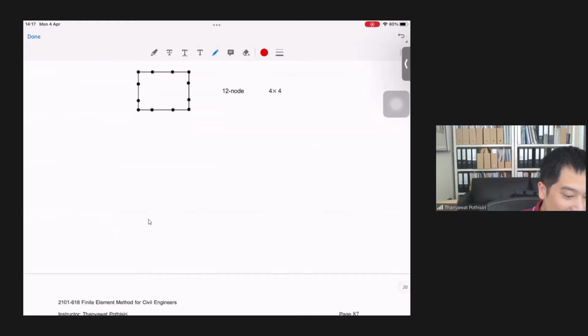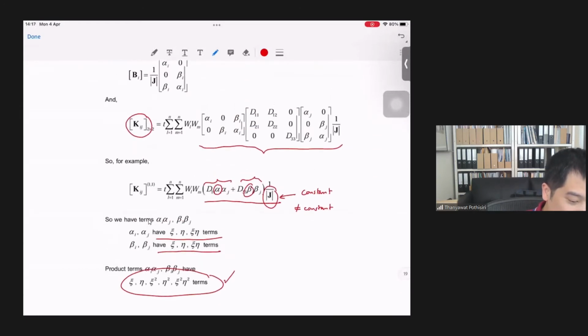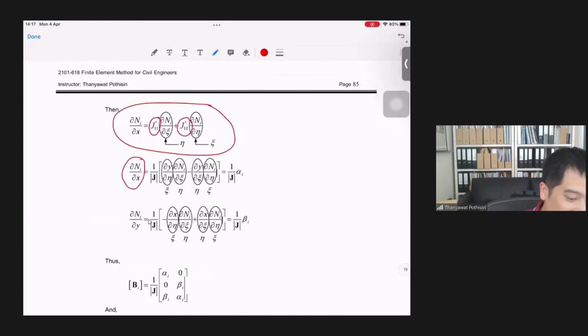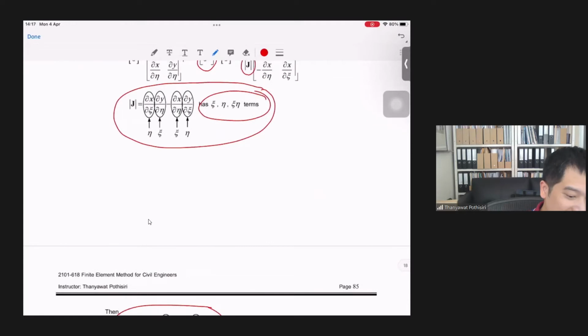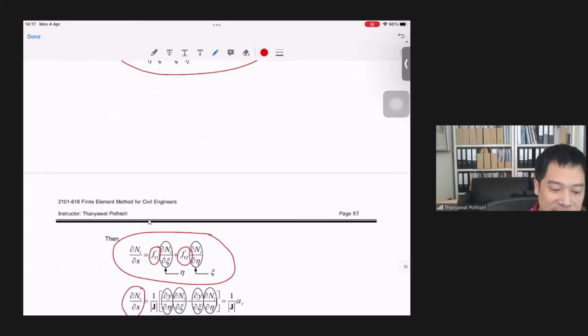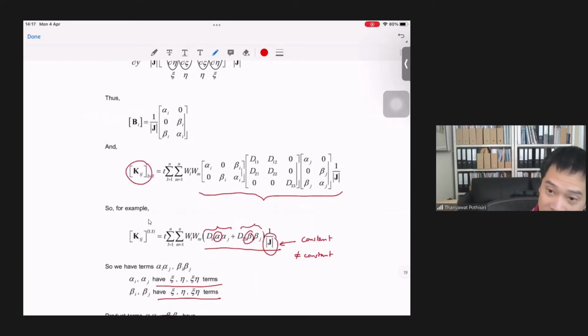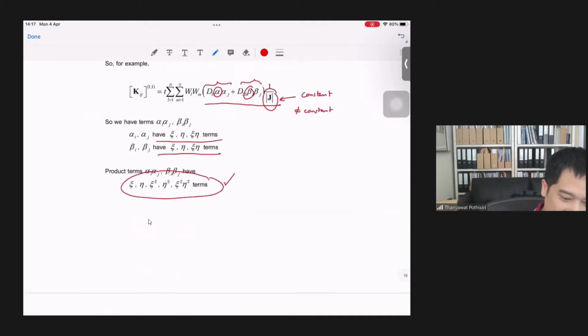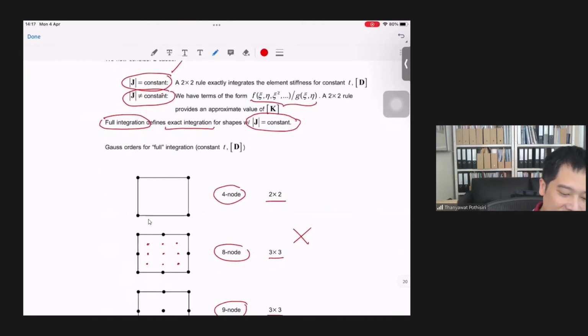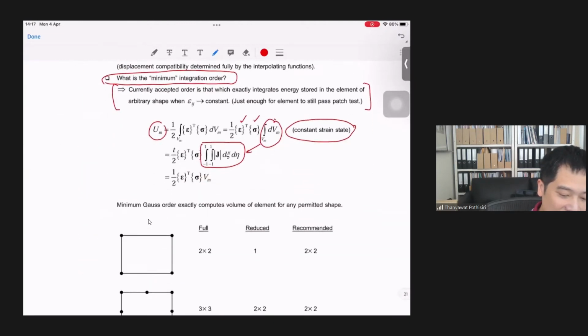So if you take a look at, again, the determinant of the Jacobian matrix, right? You see that the determinant of the Jacobian matrix would have this term right here. Okay. So in order to be able to exactly integrate this, you need a certain number of sampling points to do so.